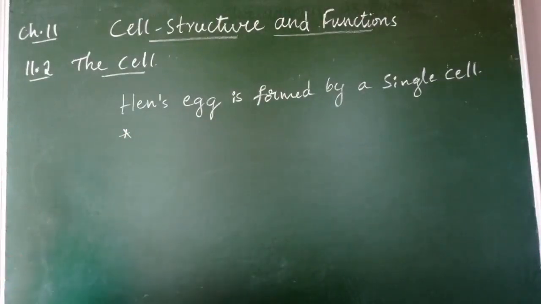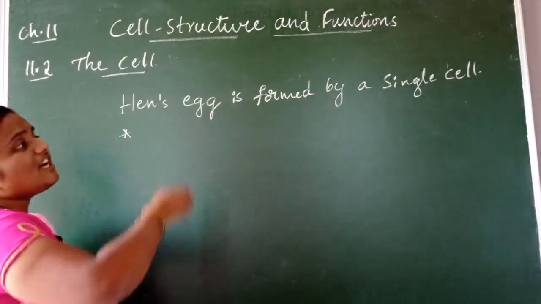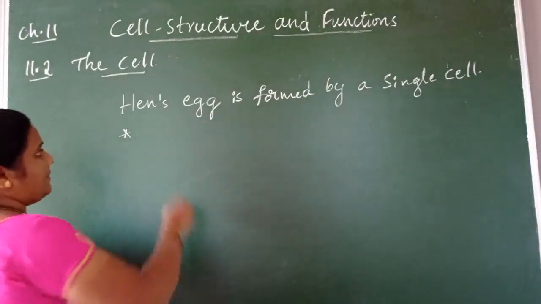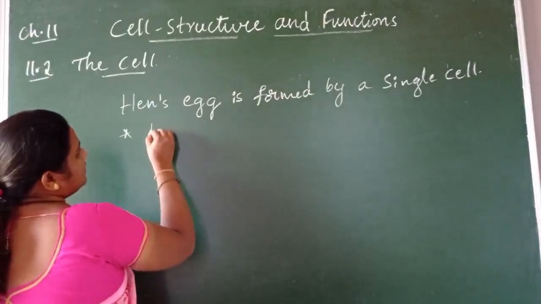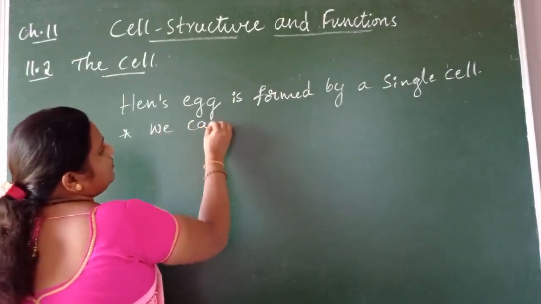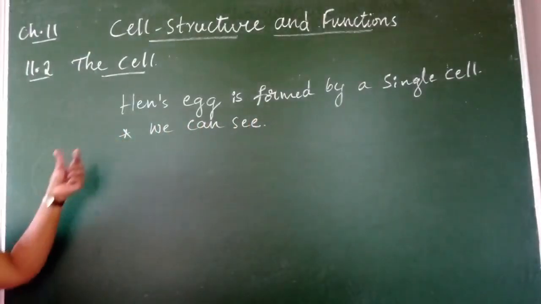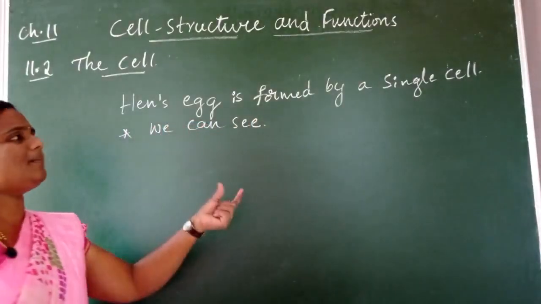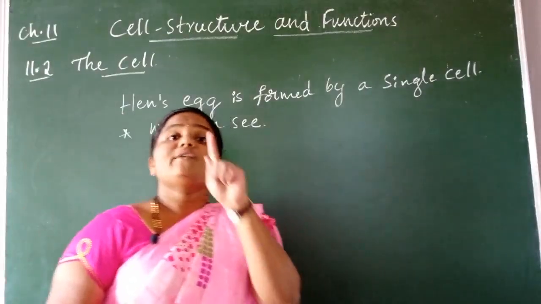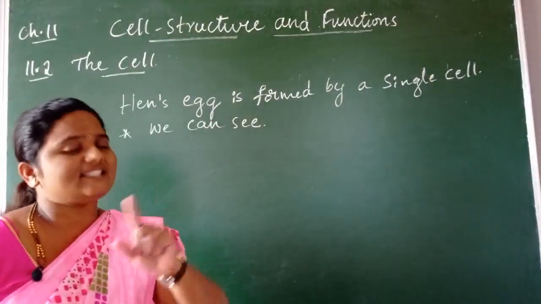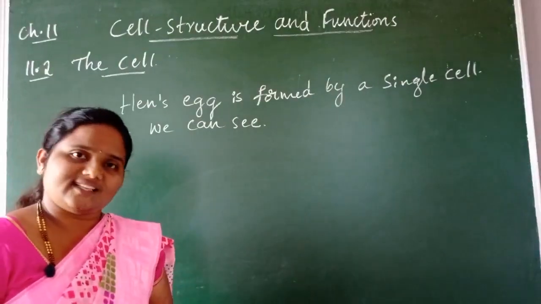With the help of our unaided eyes, we can see the hen's egg, isn't it? See, here the hen's egg is only one cell. It does not consist of many cells. It consists of only one cell.